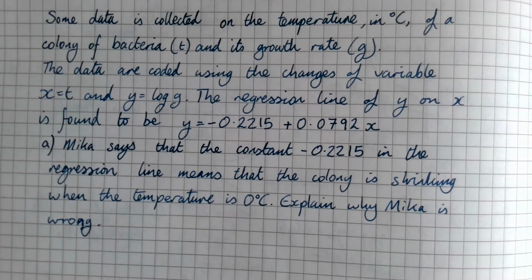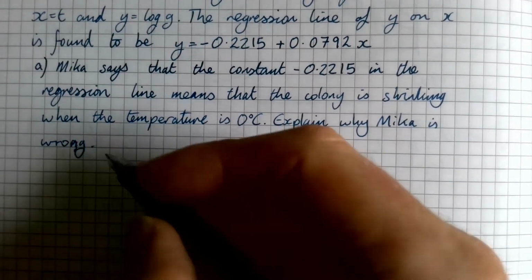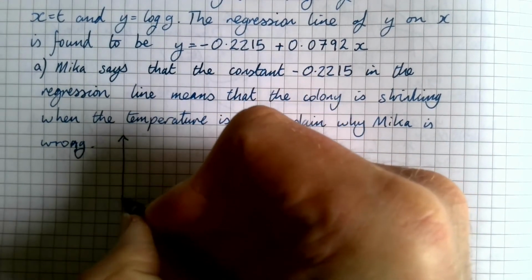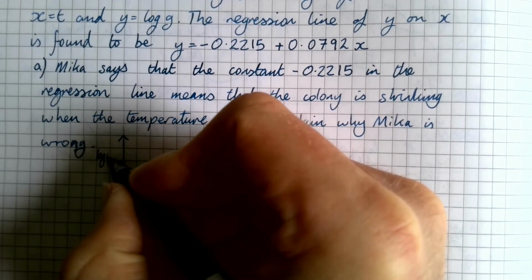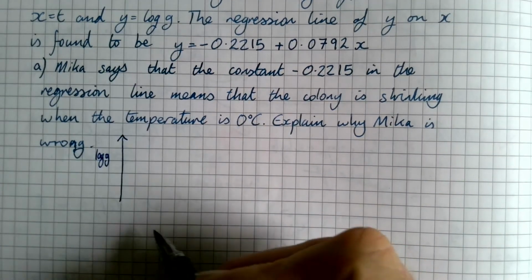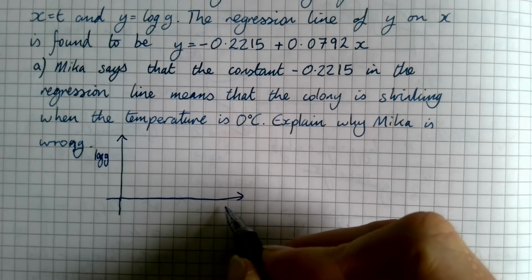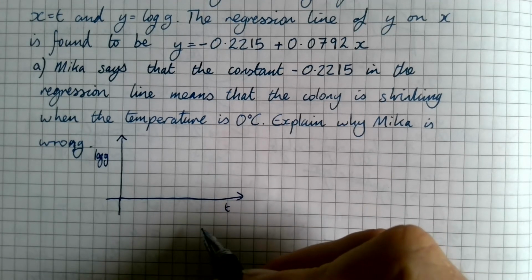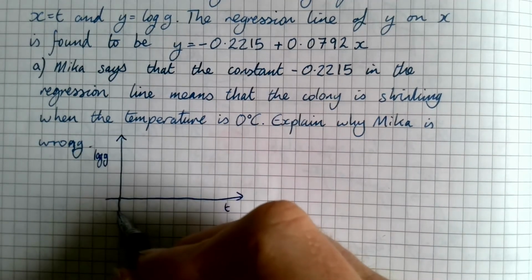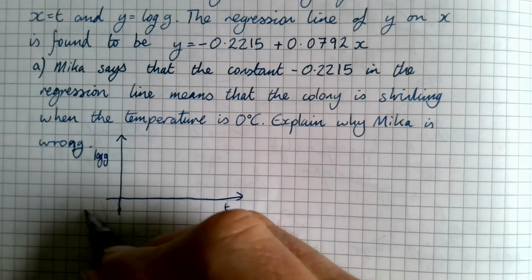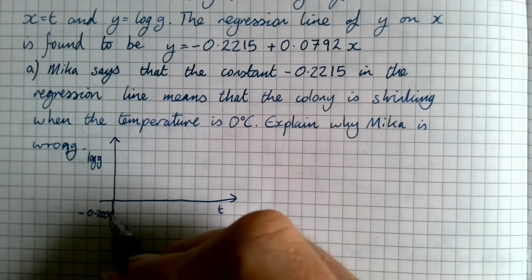So first of all, why does Mika think that it's shrinking? If I was just to do a little sketch here, I've got log g going up the y-axis, I've got t going along the x-axis, and the y-intercept minus 0.22, that could be about there if that was minus 0.2215, and then we would have a straight line.